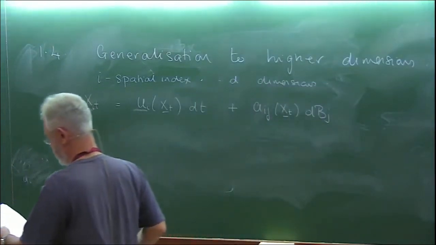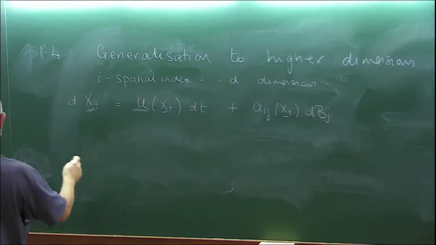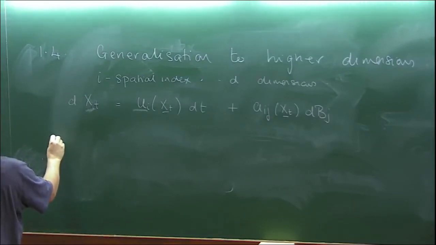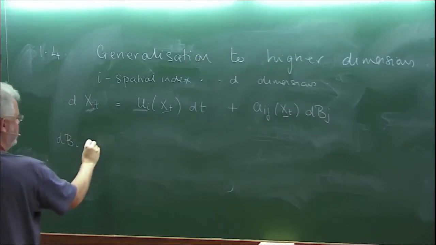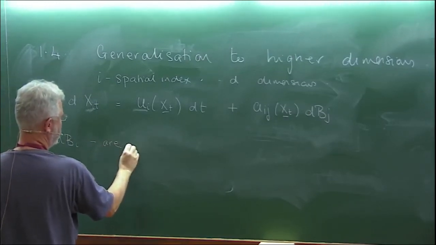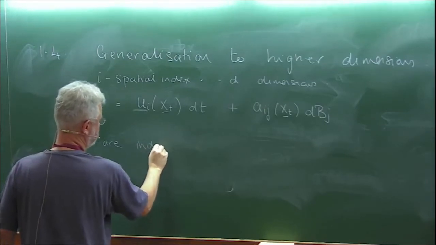Okay, and there are lots of different ways of defining the noise. In this case, the dB_i are independent Brownian motions, or independent Brownian increments.